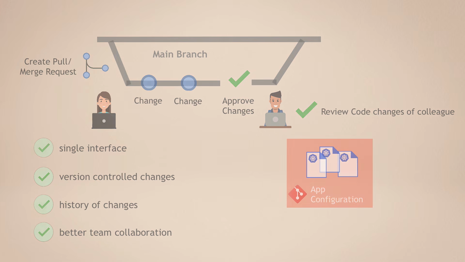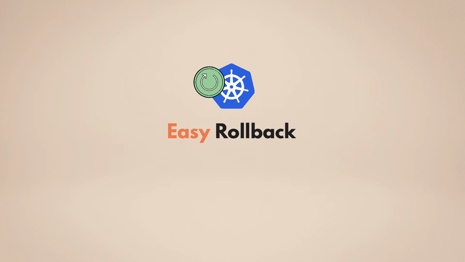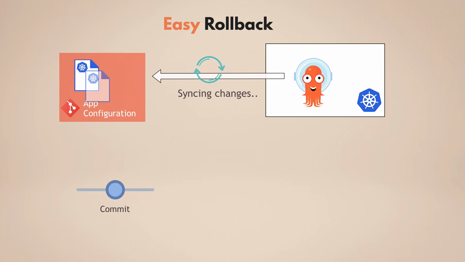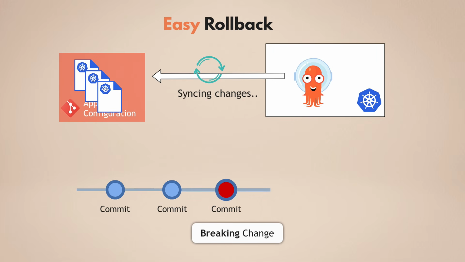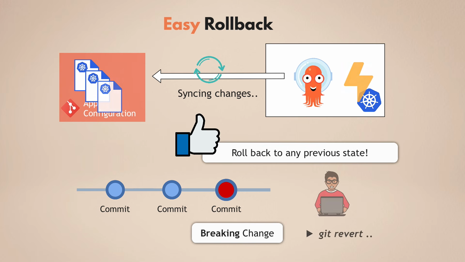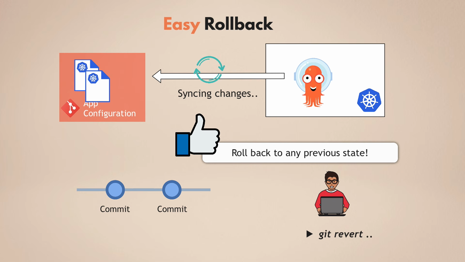Another benefit of using Git for config files is an easy rollback. ArgoCD pulls any changes and applies them in the cluster. If something breaks with these changes, or let's say a new application version fails to start, we can revert to the previous working state in the Git history. Basically just by moving back to the last working version.